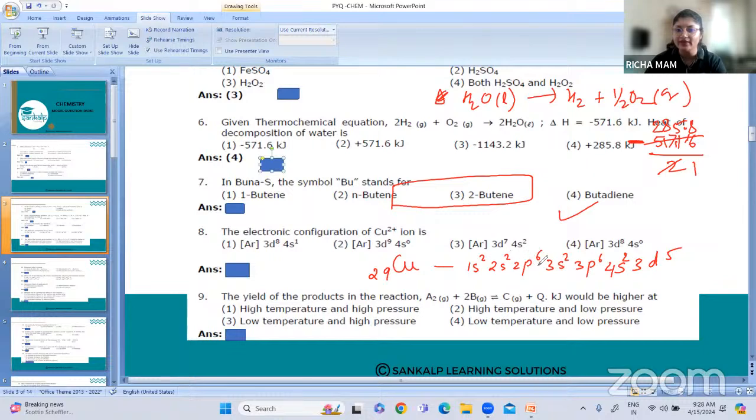So counting the electrons, 1s2, 2s2, 2p6, 3s2, 3p6, and this will be 3d10.